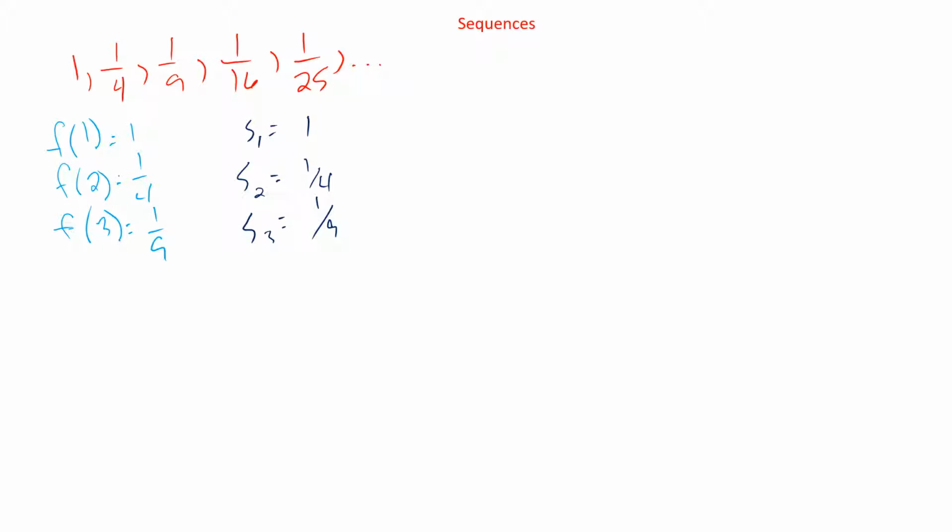With a sequence, the number, which we generally call n instead of x, is in the positive integers, or the natural numbers: 1, 2, 3, 4, 5, 6, etc. It won't be 0. You don't have a 0th term. You don't have negative terms. It just starts with the first term and counts from there. So that's the big difference between a sequence and a function.